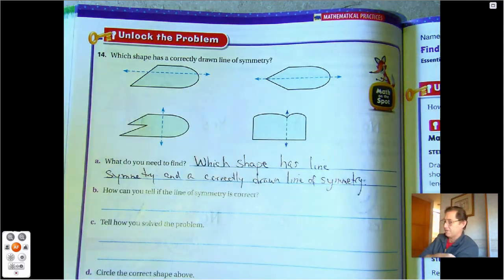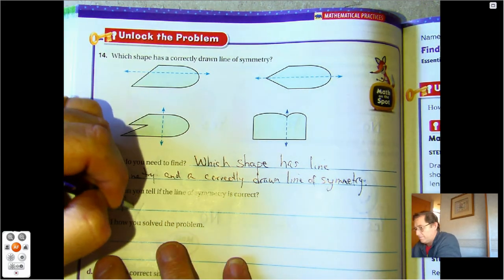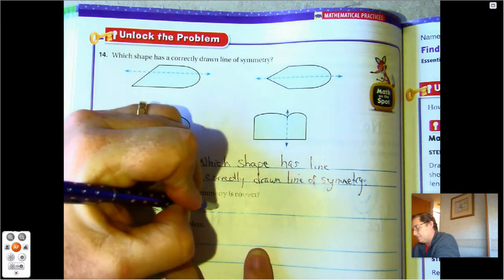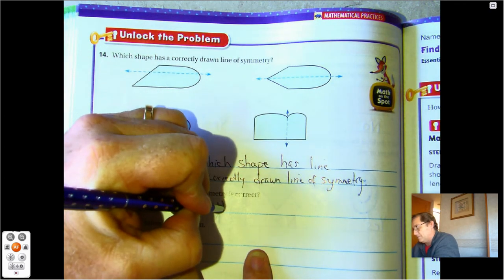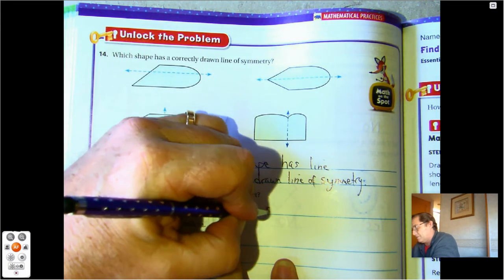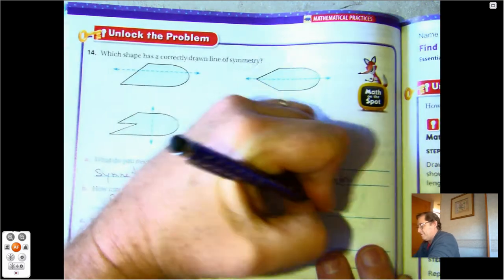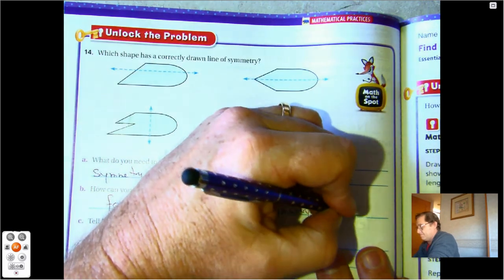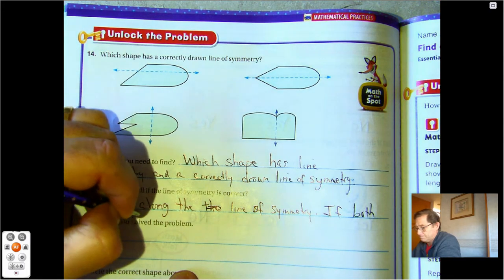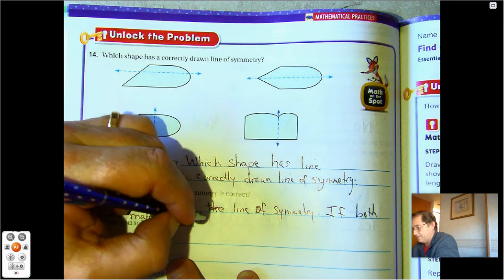All right, how can you tell if the line of symmetry is correct? Fold along the line, and if both sides match, it is a line of symmetry.